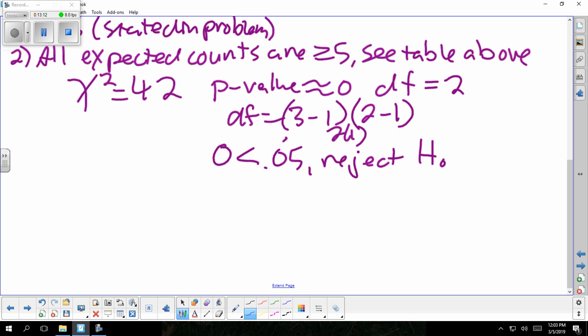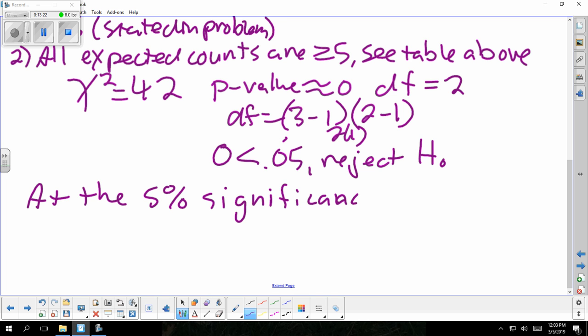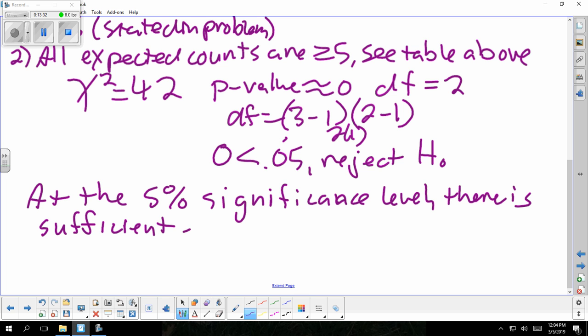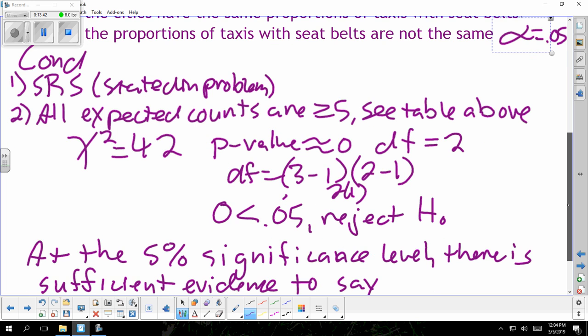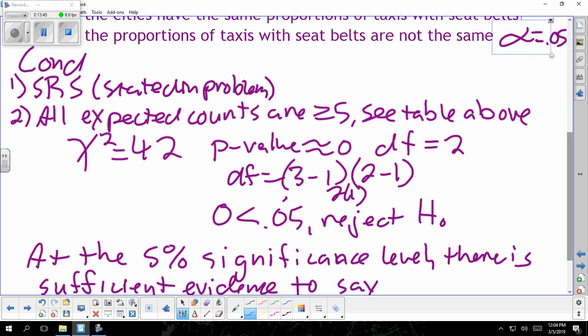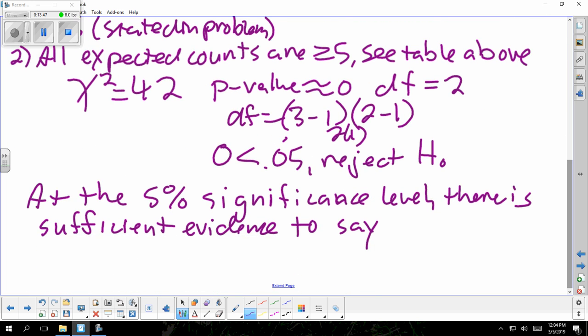So we're going to say at the 5% significance level, there is sufficient evidence to say, then we can just go up and restate our alternative hypothesis. The proportion of taxis with seat belts are not the same in the 3 cities.